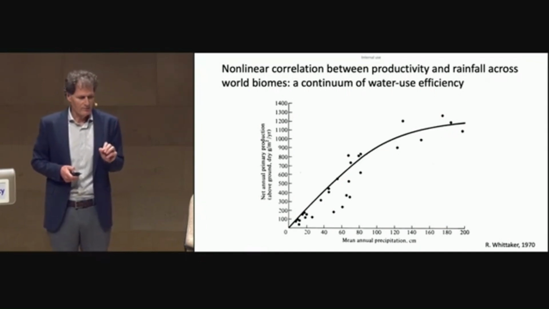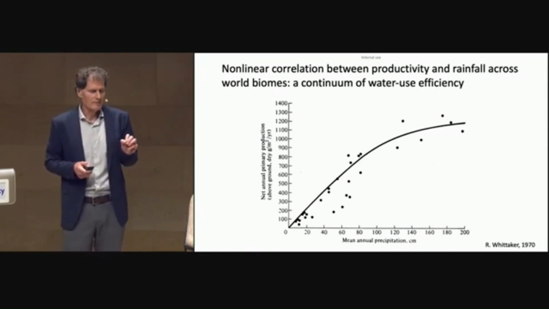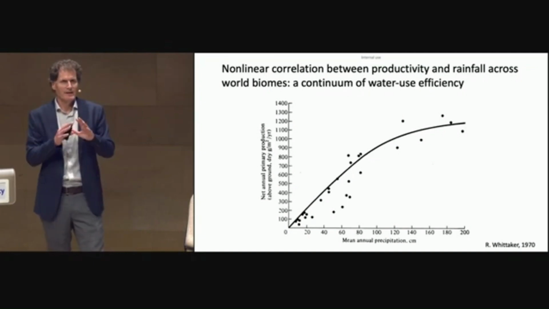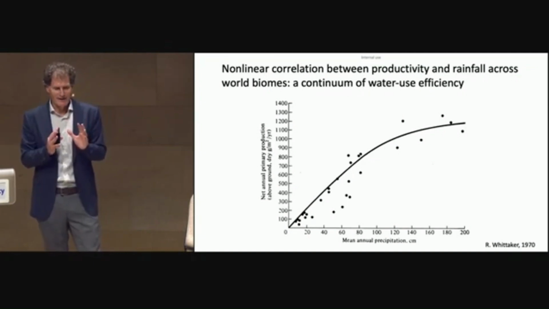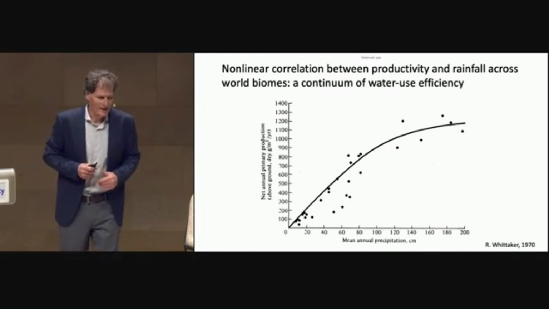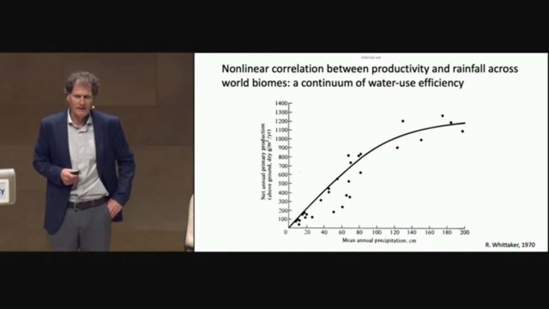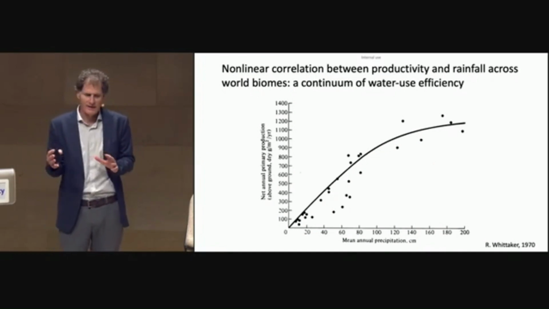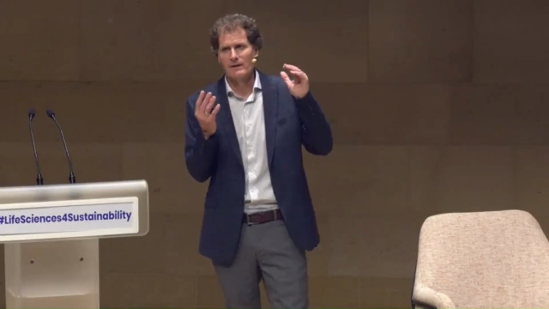It's been known that it's a somewhat enigmatic or mysterious parameter, but it's basically linked to the water use efficiency of plants. The water use efficiency is, in simple terms, the amount of carbon that's fixed for a given amount of water.